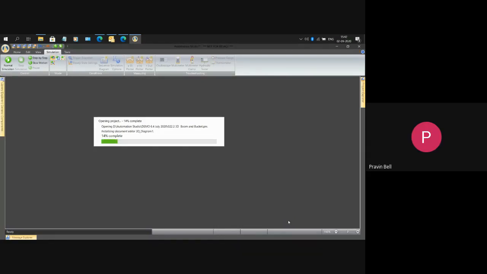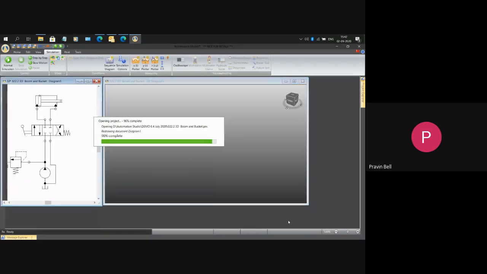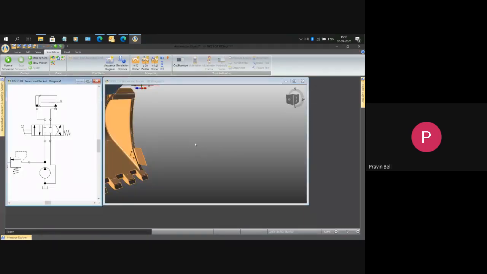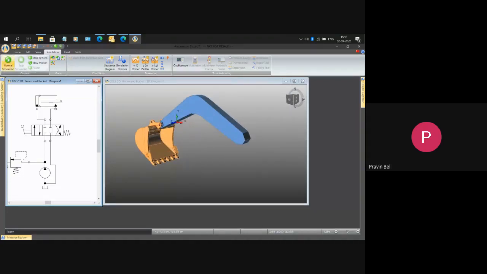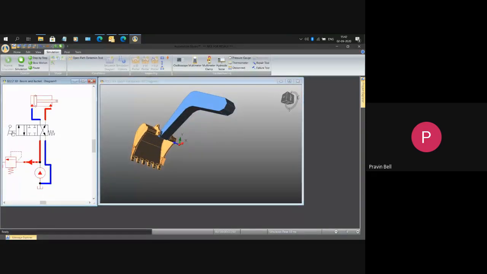We have a 3D interface for people wanting to do work in that particular area. We have a 3D modeler, which is not so powerful like Ideas, CATIA, and all these, but you can import 3D parts in Automation Studio. You can assemble them and link them to your hydraulic pneumatic circuits. So this is also possible.